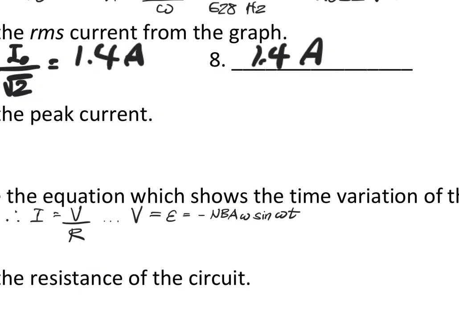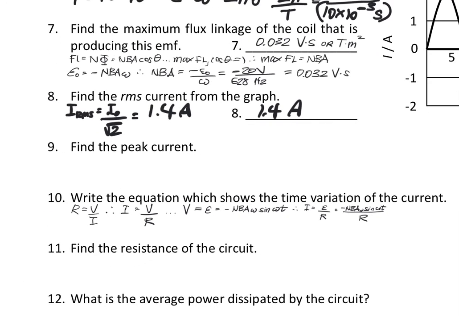And so if I is V over R, then the current would be the EMF over the resistance, or negative NBA omega sine omega t over the resistance. At least I think that's what they're looking for.